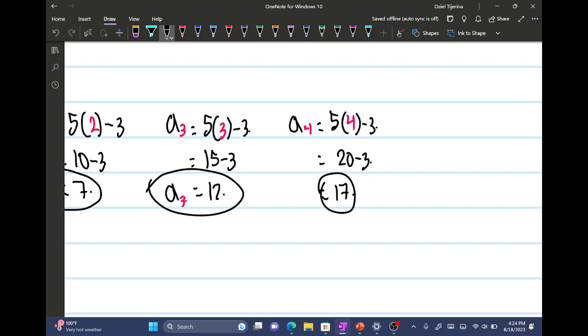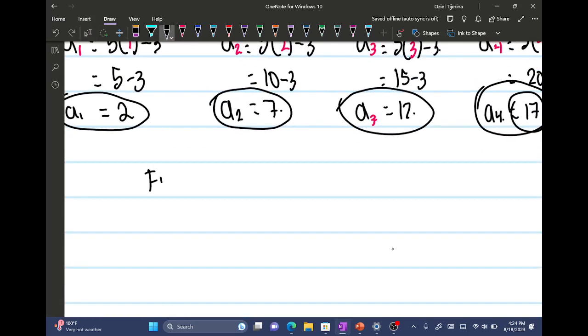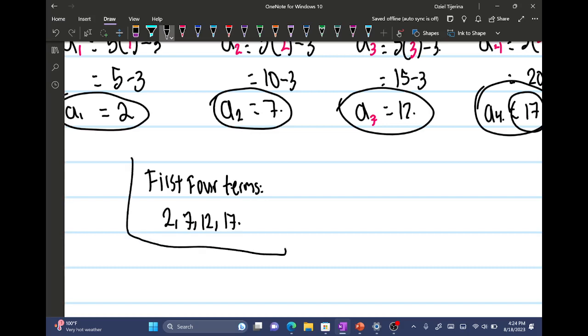So I know that a sub 4 would be 17. So my first 4 terms are going to be 2, 7, 12, and 17, and that's how we would answer the question.